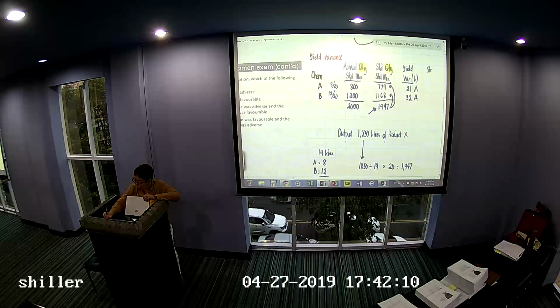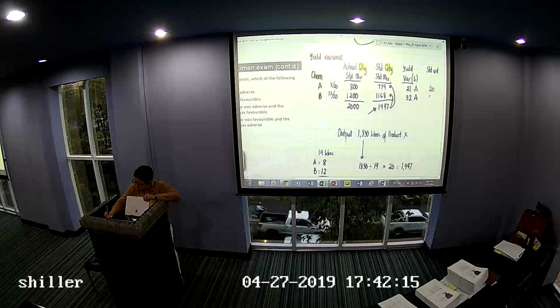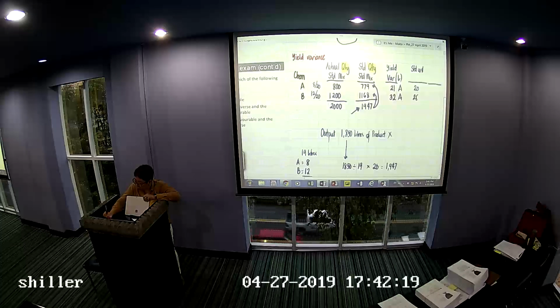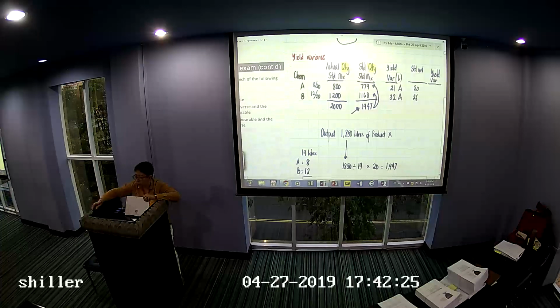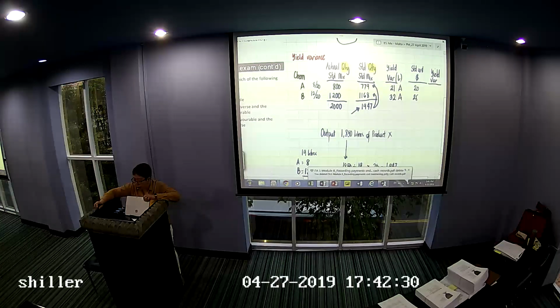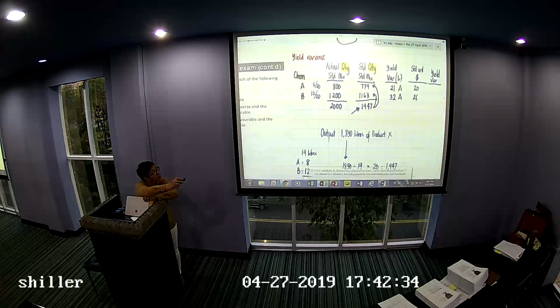Standard cost remains the same. What is that? 20 and 25. Therefore, what is your yield variance? Actual versus standard, so that is adverse.